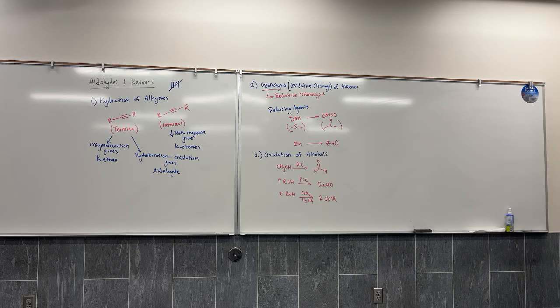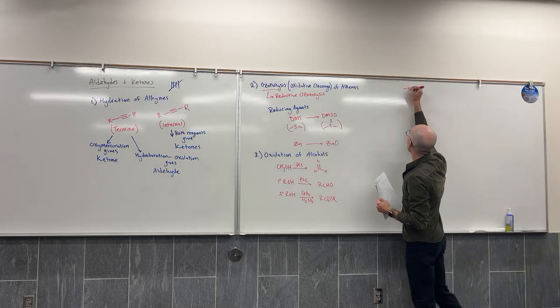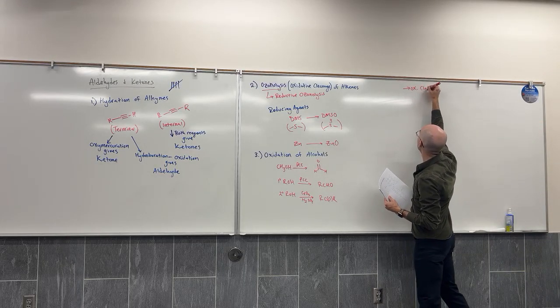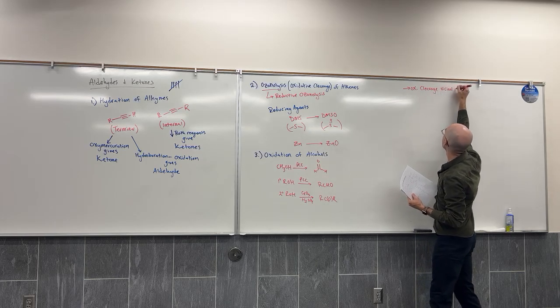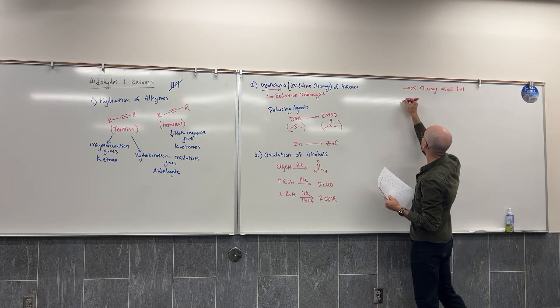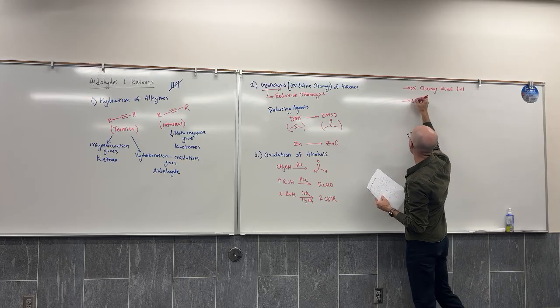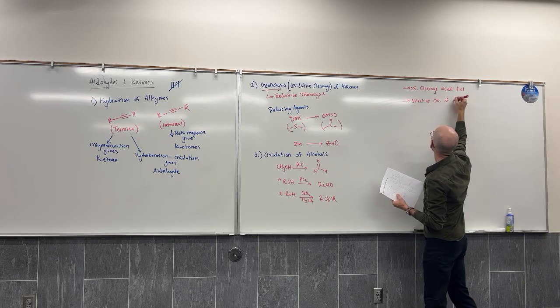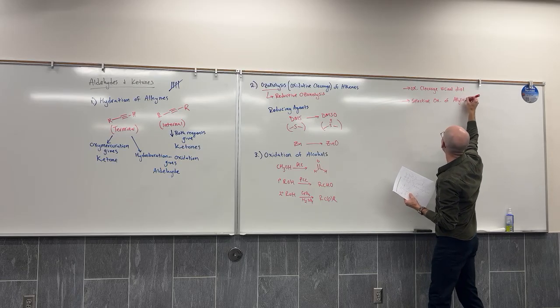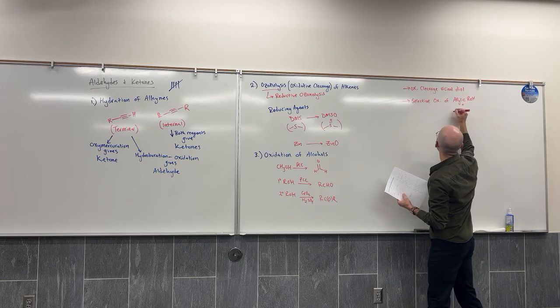Okay, but there's a couple of other oxidations of alcohols that we did, like we did oxidative cleavage of a vicinal diol, and we saw selective oxidation of allylic alcohols and benzylic alcohols.